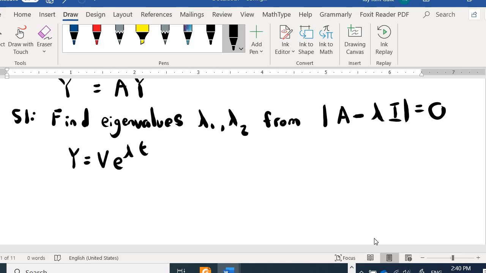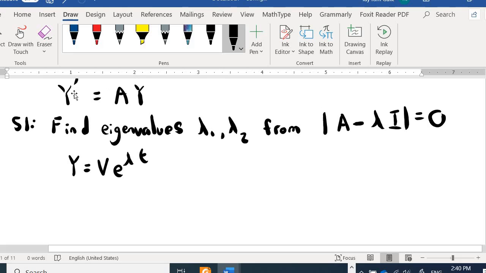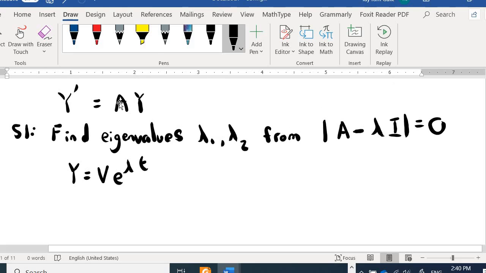So I repeat one more time. To solve for the eigenvalue, you have to solve the determinant of A minus lambda I equal to 0. Because you have the system y prime equals Ay, y here will be replaced by v exponent lambda t. So you need y prime.